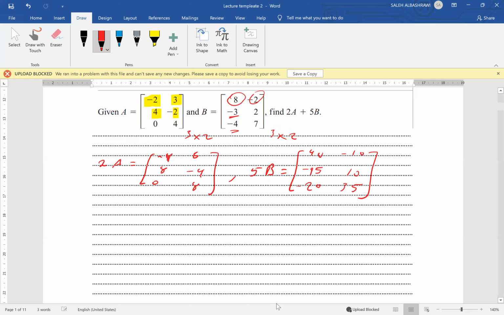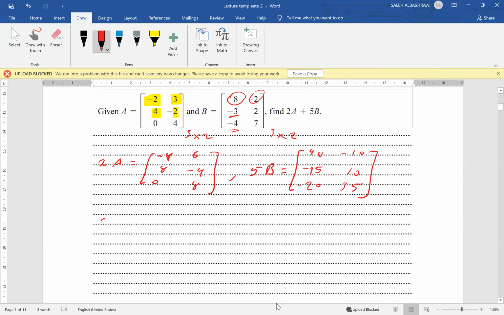Now we can find 2A plus 5B, which is equal to, taking the elements in the same position: minus 4 plus 40 is equal to 36. Now 6 plus minus 10 is equal to minus 4.